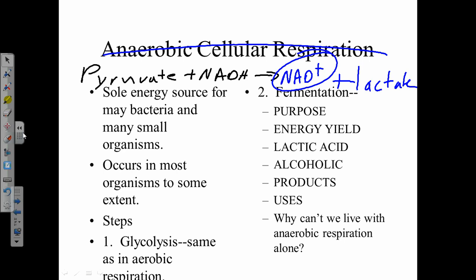We build up an oxygen debt. Because it's going to take oxygen eventually to run this through aerobic respiration, right? So if you talk about your oxygen debt, all you're talking about is how much oxygen it's going to take to eventually get rid of all that lactate you built up during anaerobic respiration. Oxygen debt.